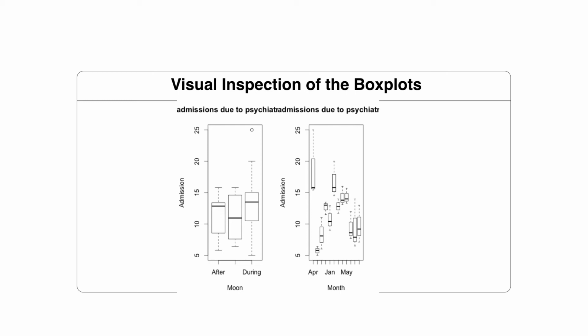So maybe after full moon night, before full moon night, or during full moon night. And you can see that during full moon night hospital admissions by median was greater, but there was considerable overlap in the three moon phase states for psychiatric hospital admission. So not much can be said when we start taking a look at only this bit.